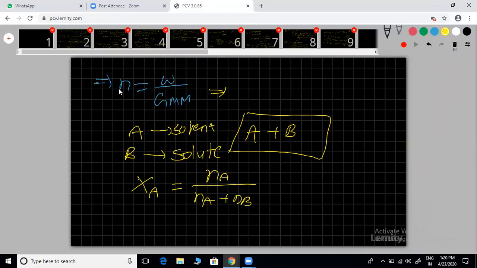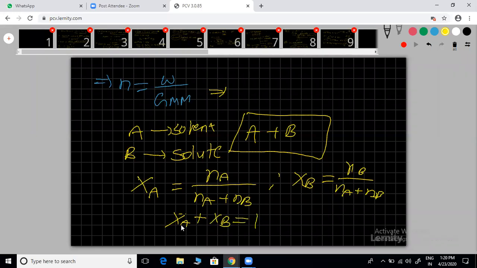This is the formula. Number of moles is weight by molecular weight. If any mass is given, we can find the number of moles using this formula. They will give the weight of A and weight of B, mixed together. We find the number of moles, then the mole fraction. XB equals NB by Na plus NB, or remember the sum of the fractions is always 1: XA plus XB equals 1.